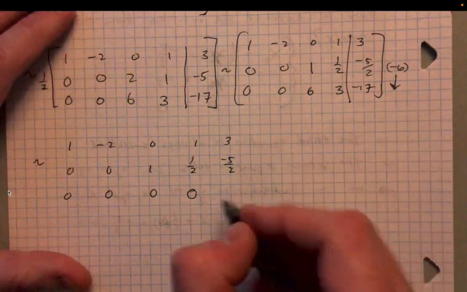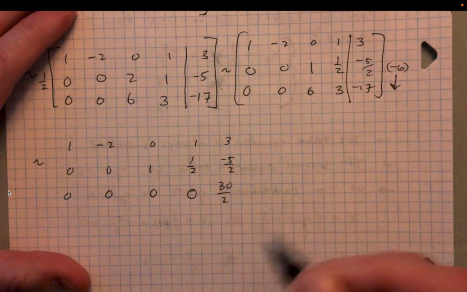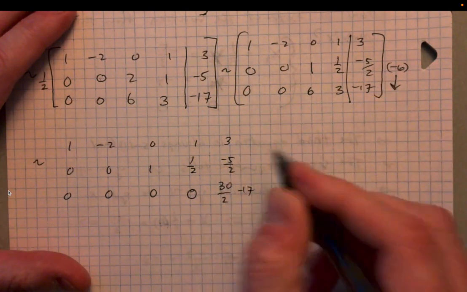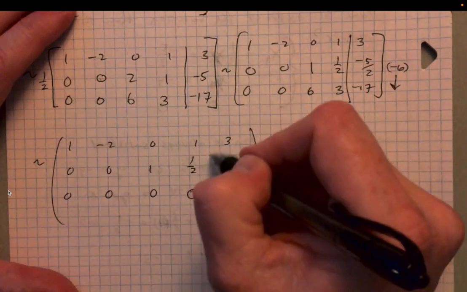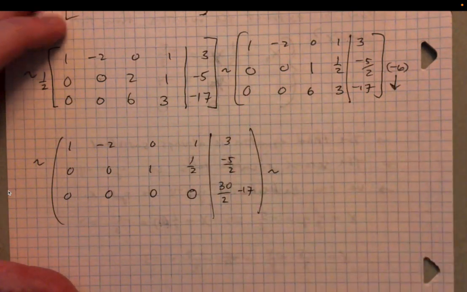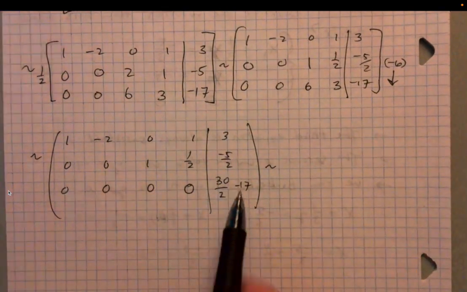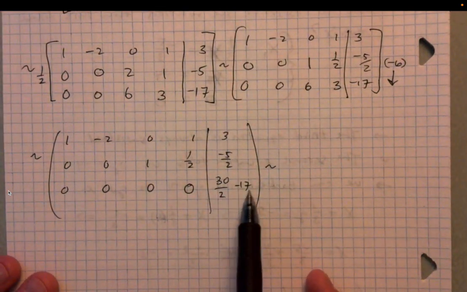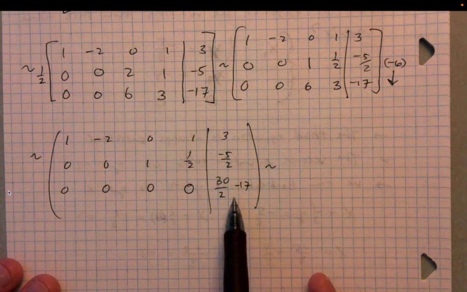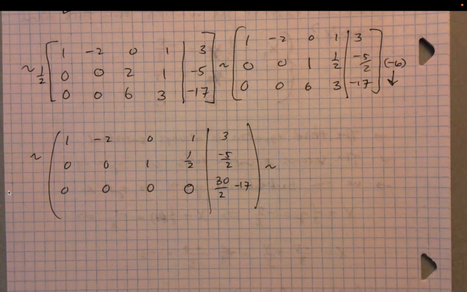Yeah, so let's write this out. 30 over 2 minus 17. And what do I get? This is just the thing I said, couldn't do that in my head. So this is going to be 34 over 2, right?